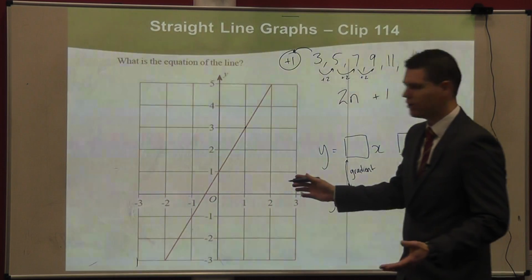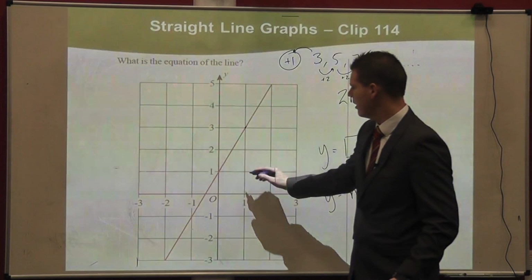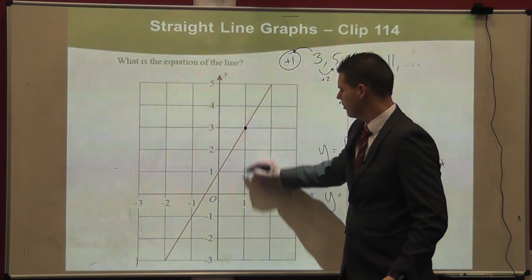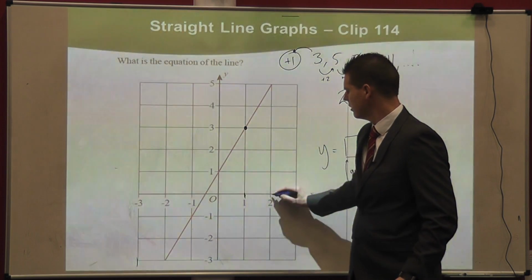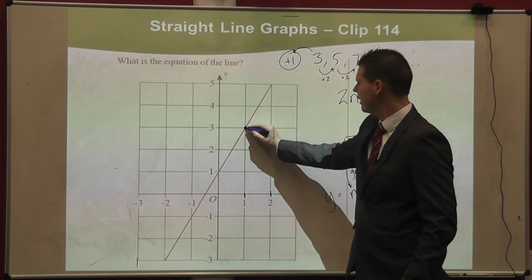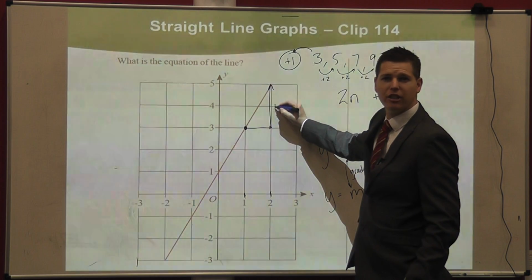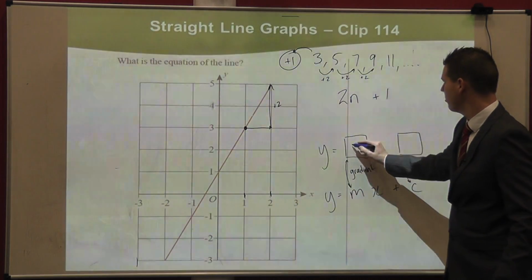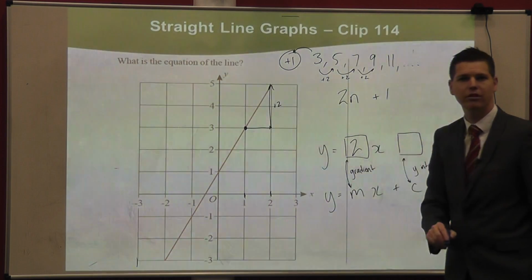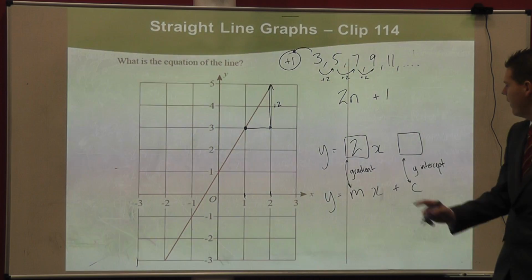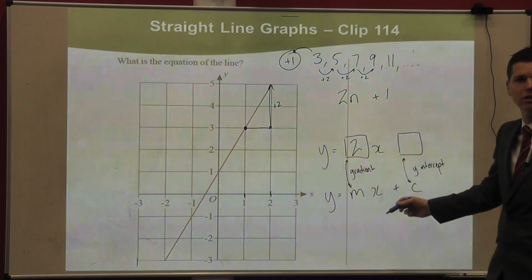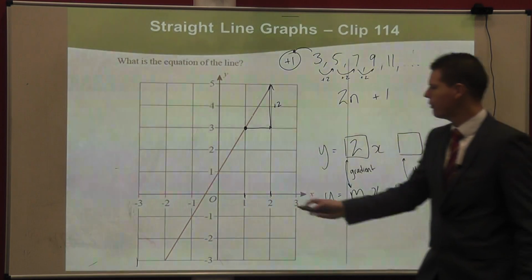So let's have a look at this question. For this one to here, for every one it goes across, how far does this go up? It goes up plus 2. So that becomes a positive 2, which is 2x. And then here, the y-intercept is where does it cut through the y-axis.